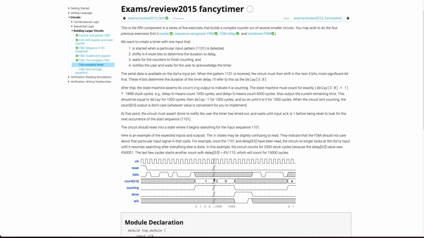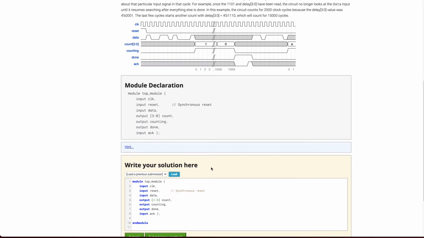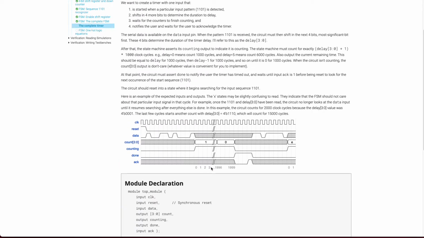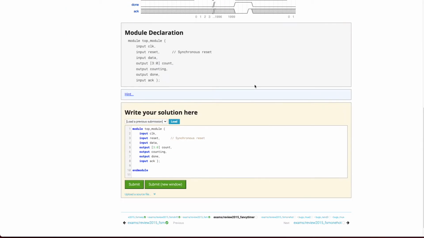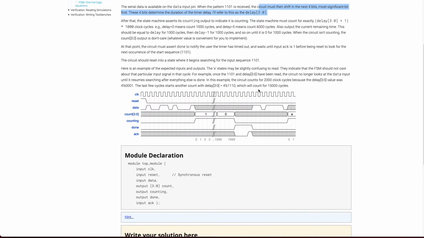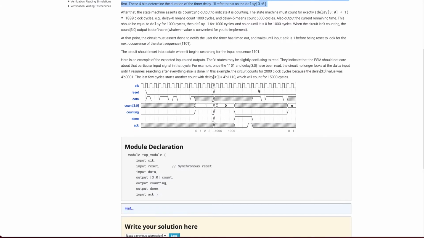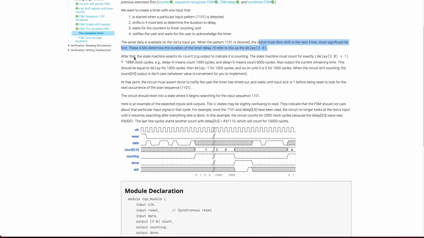So for 4 cycles, I'll shift in the next 4 bits of what, though? Data? It has to be data. Okay, after that, the state machine asserts its counting output.